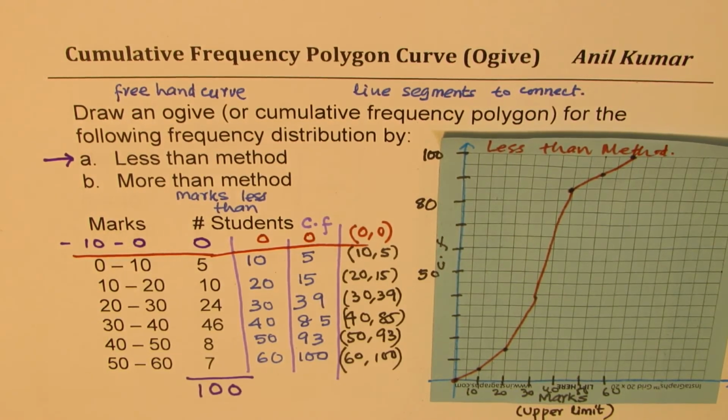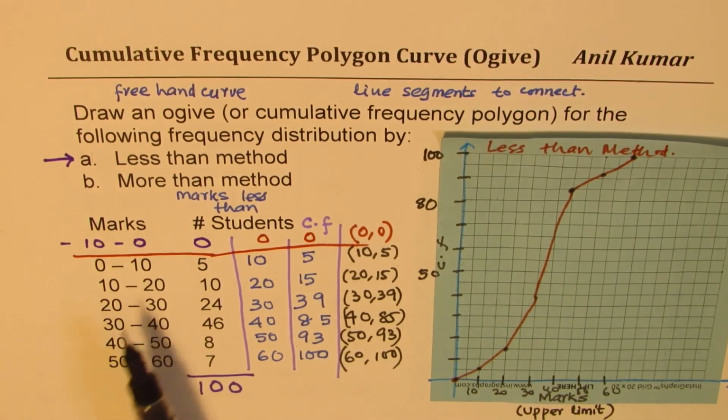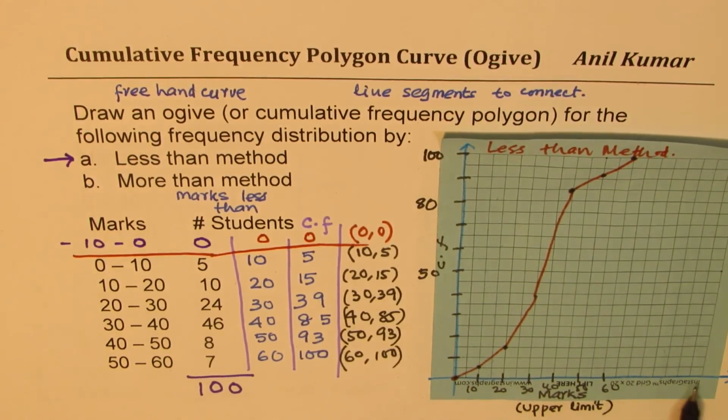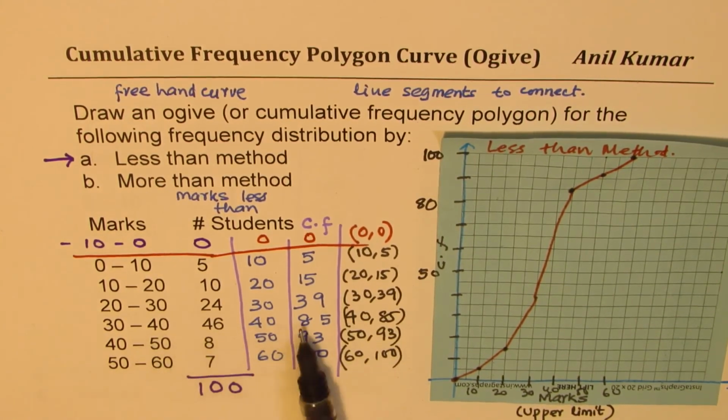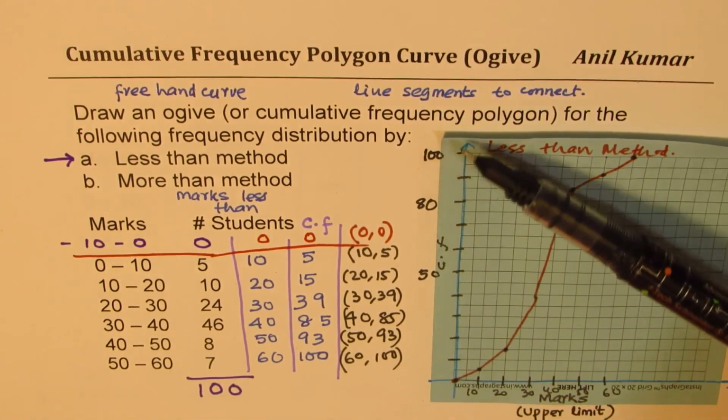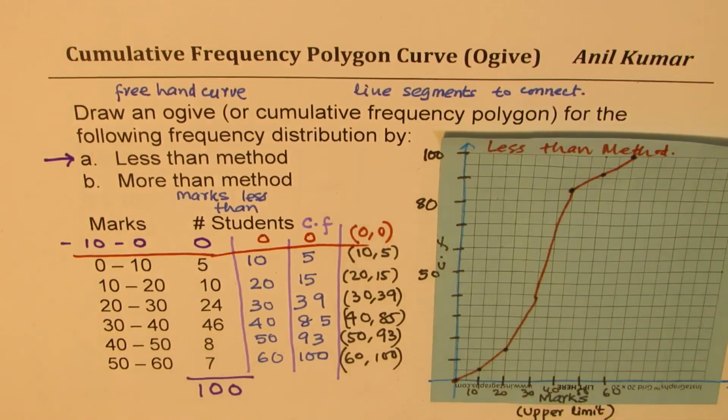If you're doing more than method, then the lower bound of the interval should be taken. Those bounds should be sketched on the horizontal x-axis, and the cumulative frequency for the respective should go on the y-axis. When you sketch them, you are sketching a cumulative frequency polygon curve, which is also called ogive.